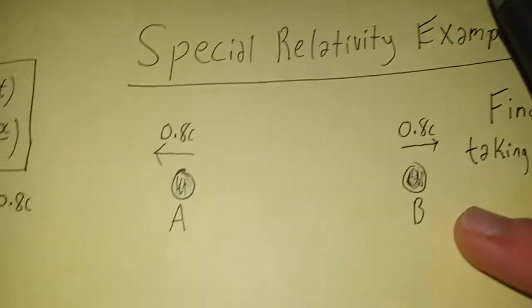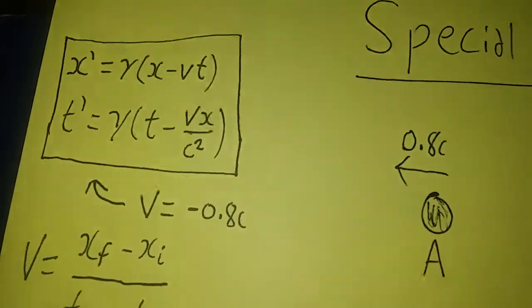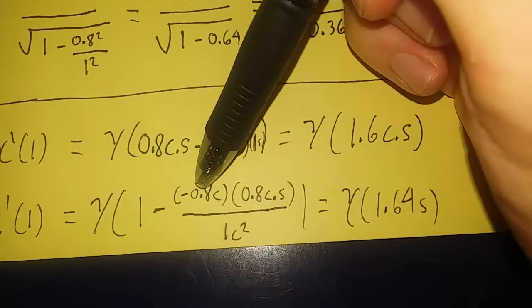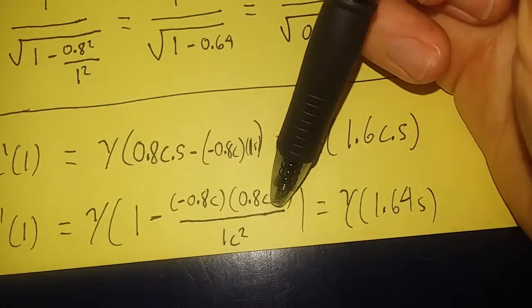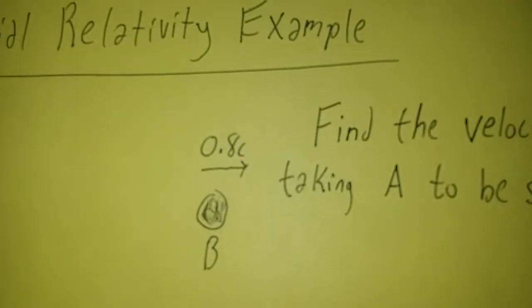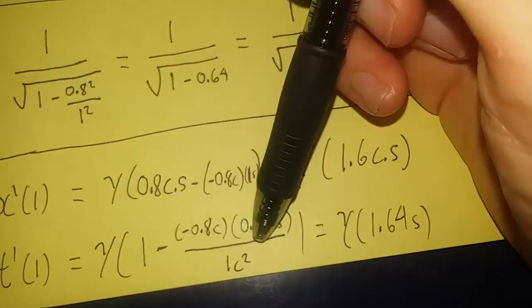Velocity is all in terms of c, so it's light seconds. And then we just divide by c squared. So let's go back here. 1 for t minus negative 0.8 c for v, 0.8 cs for x, because our point B is going 0.8 c, so times 1 second is 0.8 cs, divided by c squared.